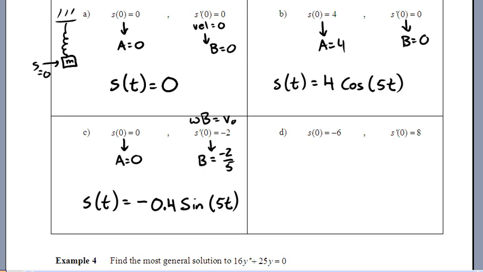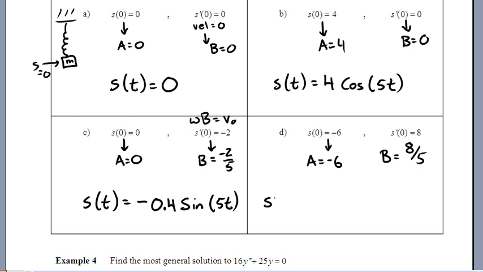Last one. Looks like it's got an initial position and an initial velocity. Okay, if you've tried it out, looks like on this one, the A is equal to -6, and then the B would be 8/5. Right? There's an omega there because of the chain rule.